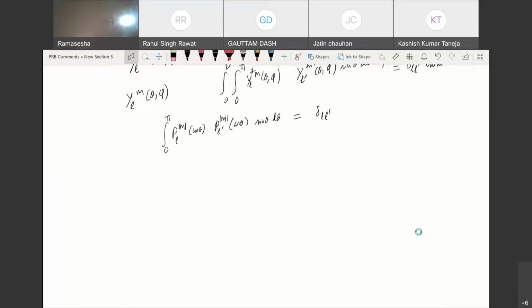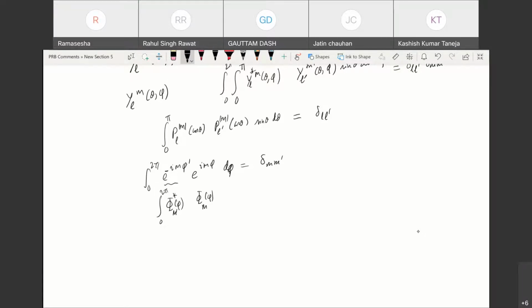Because you see that the integral over phi and phi prime of e to the power i m phi gives delta. So the orthogonality corresponding to different m's comes from these.